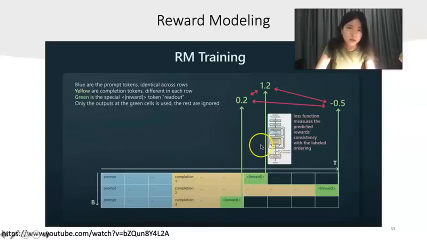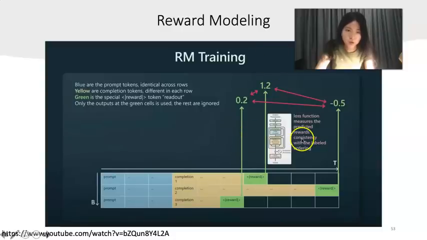So you want to score it higher, to give it a score of 1.2. And for example, your second response is no good. You don't like it. You want to discourage it. So you give it minus 0.5. And for the third one, it's just okay.